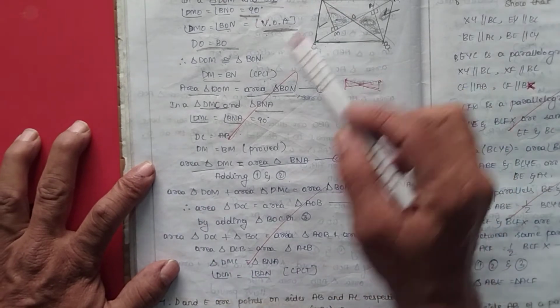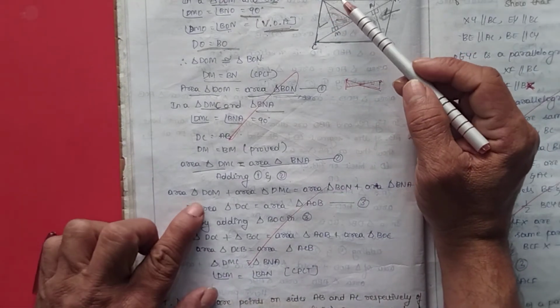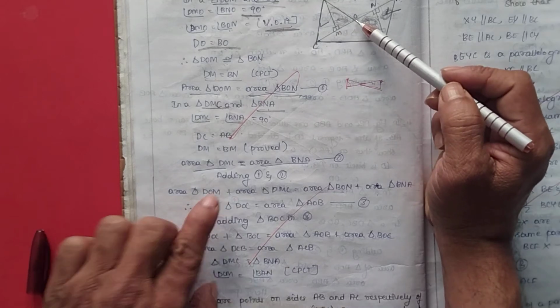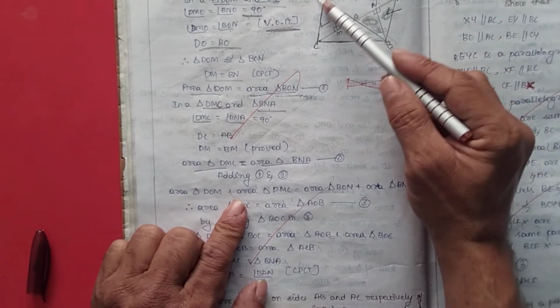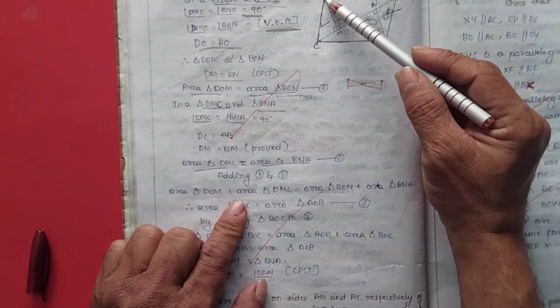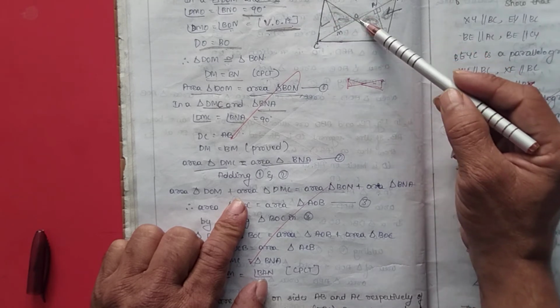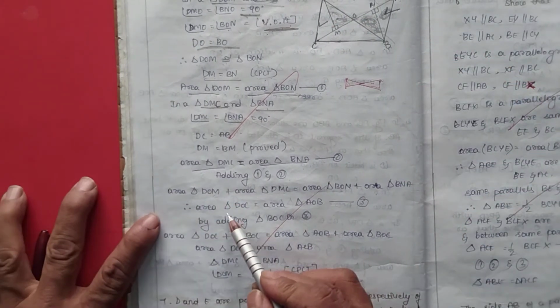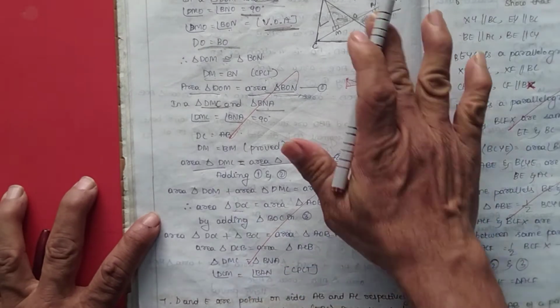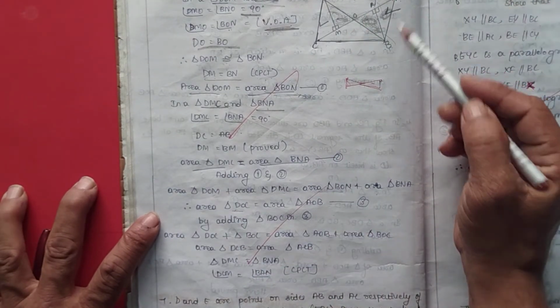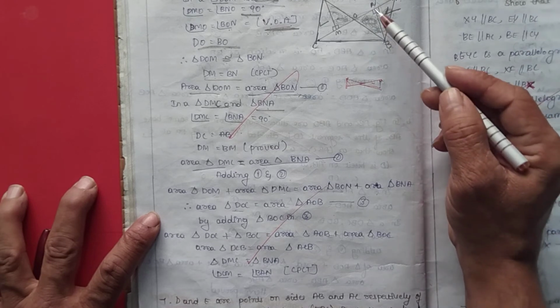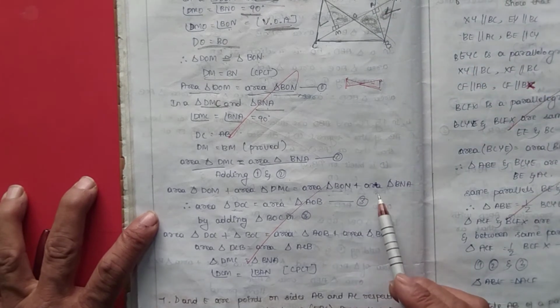See here, DOM plus DMC, what is the full triangle we are getting? That is triangle DOC. Similarly, on the right hand side, BON plus BNA.